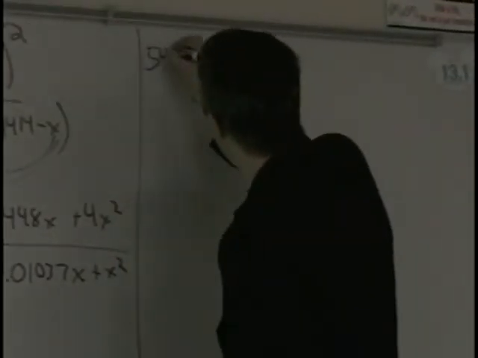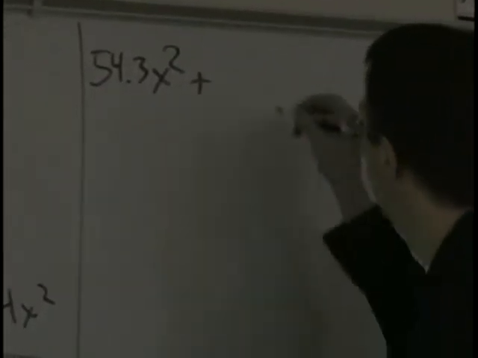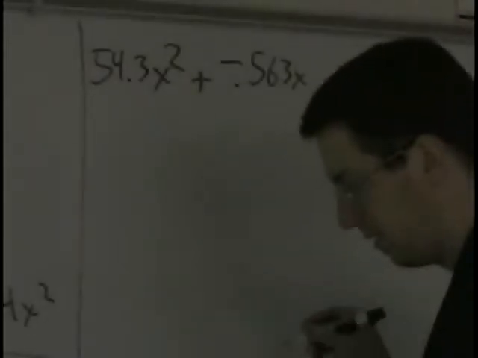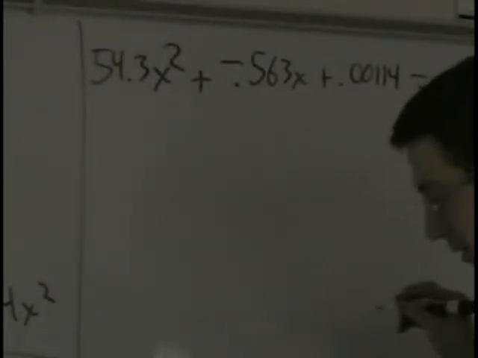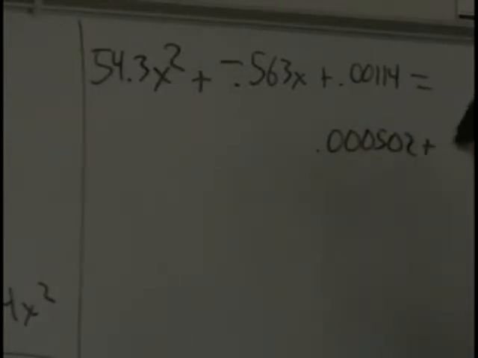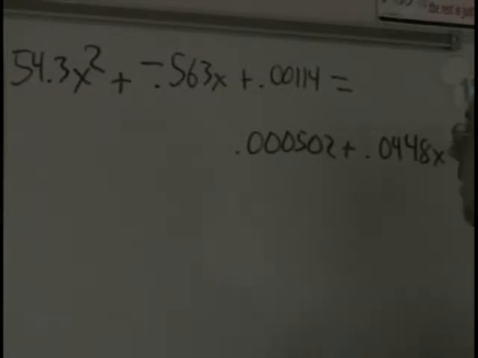I have 54.3x squared plus negative 0.563x plus 0.00114 equals, and I'm going to continue my equals on the next line below because, again, there's just not a lot of room for this, 0.0000502 plus 0.0448x plus 4x squared. So all of this equals all of that.